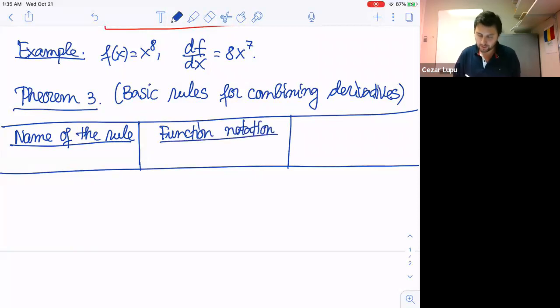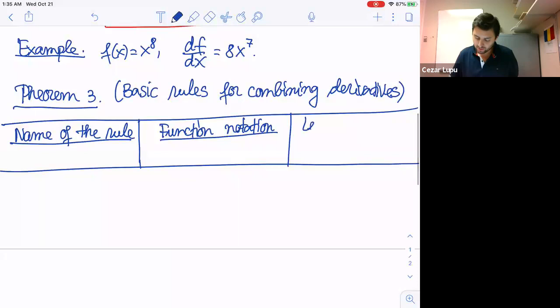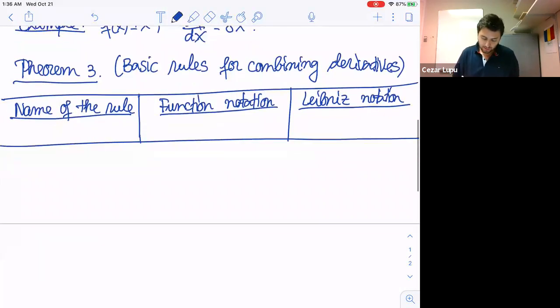Also, since some of you will see this in the physics class, I would like to use the Leibniz notation as well, so that you can get used to both notations, not just f prime. You can also see the derivative of f with respect to x and so on. All right, so let's keep going.